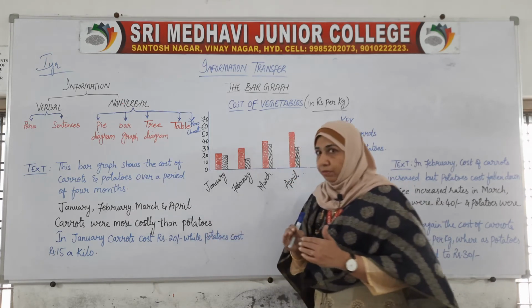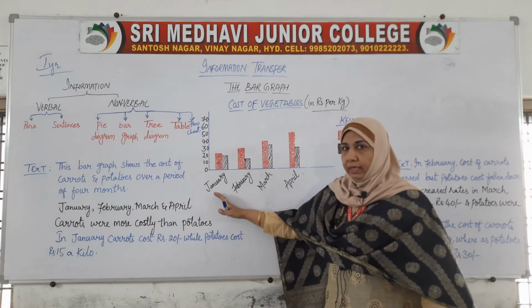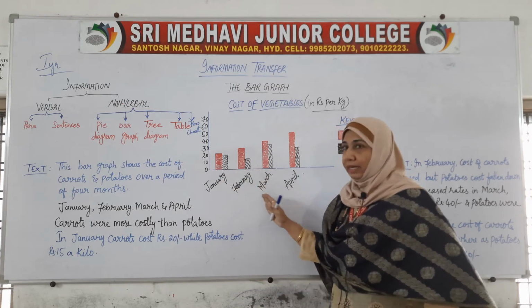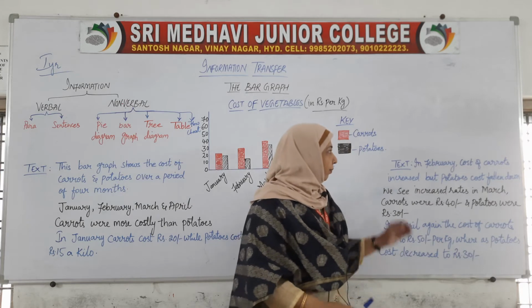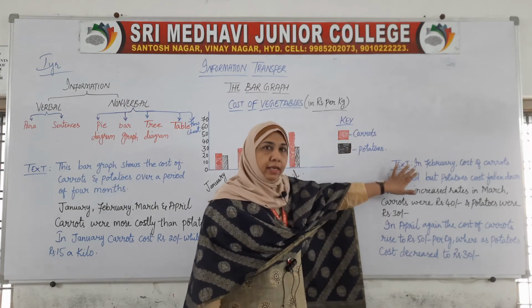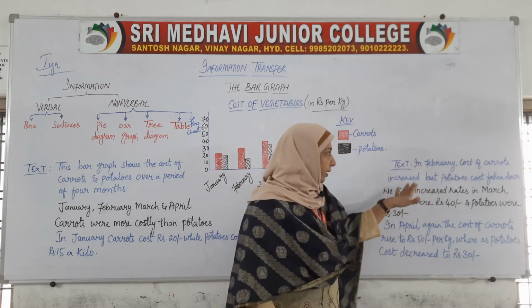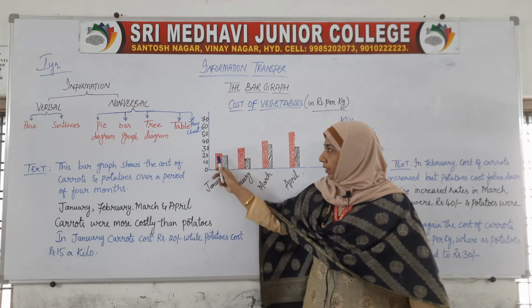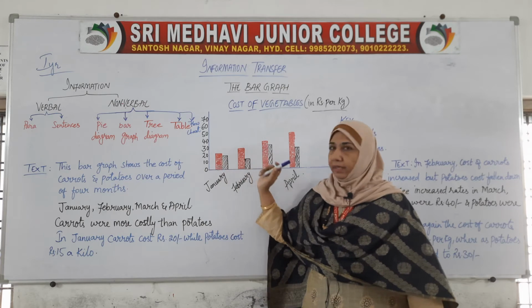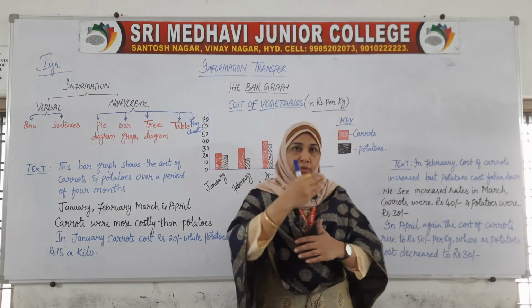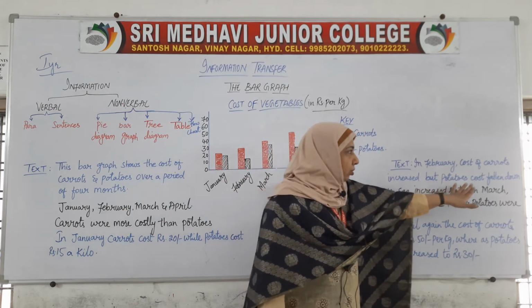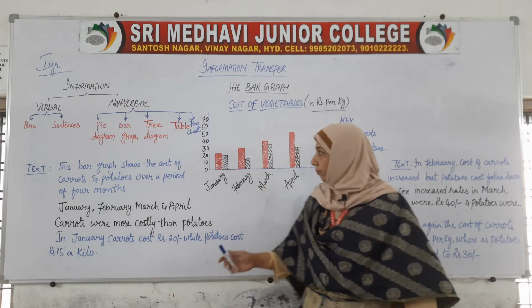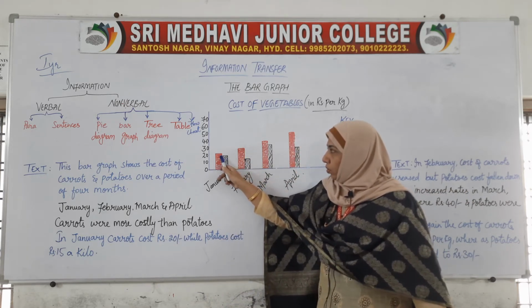Now, one month we have written. Next we have to write the next month. Second is February: the cost of carrots increased. Yes, it increased from 20 to 30. But the potato cost fell down.